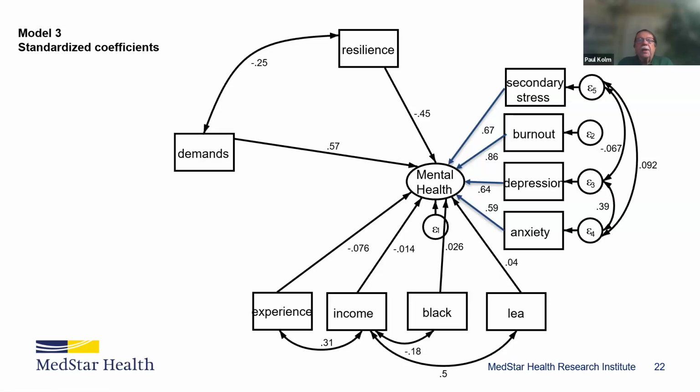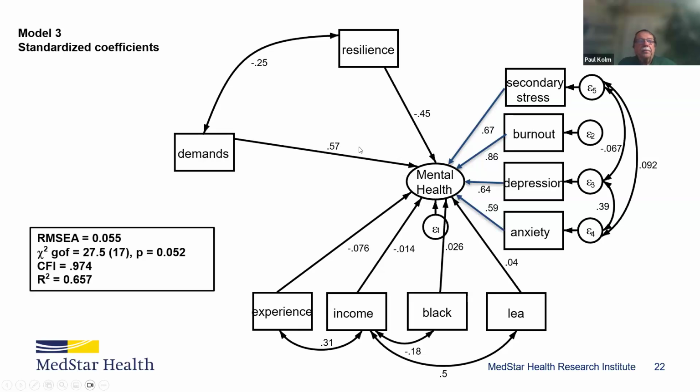And so you can see the coefficients here. Resilience, we would expect, would have a positive impact, so we get a negative coefficient, whereas demands is again a fairly strong predictor of mental health. And so now our fit statistics are improving.